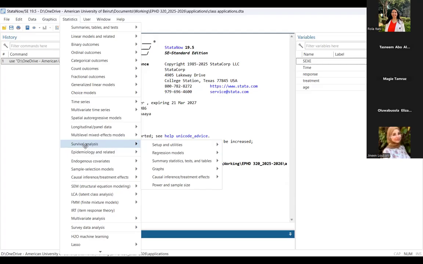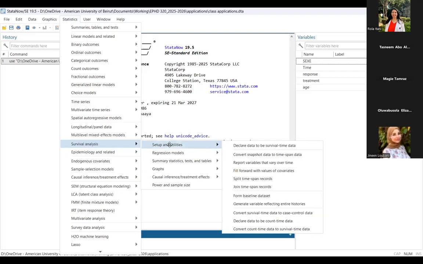To do that, you have to set your data as survival data. The command is STS, survival data setup. You can do it like this directly and you will see the command. So, survival analysis setup utility. And by the way, I gave you the command in the presentation. So you have to declare your data to be survival data.